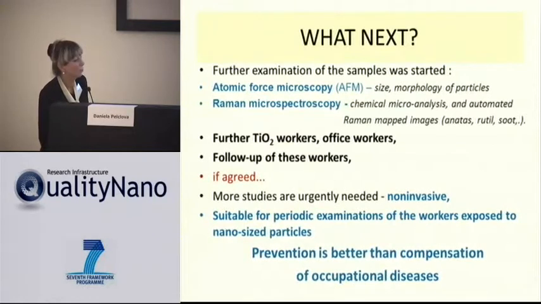And we spoke already with the plant to continue to examine not only the same workers at some time interval, but also more workers of the production and the office workers. If agreed, it's in red letters, because this is a big question.